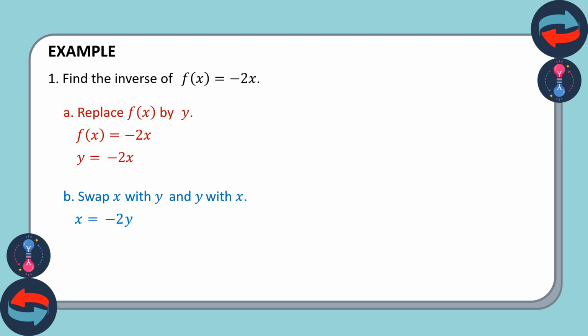For our third step, we now solve for y in terms of x. To isolate y, we need to divide both sides by the numerical coefficient of y, which is -2.